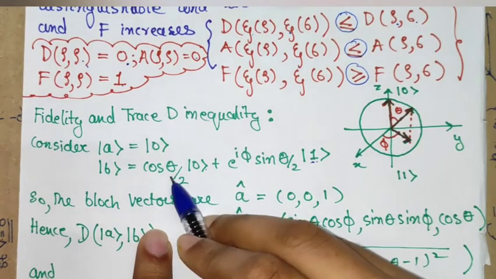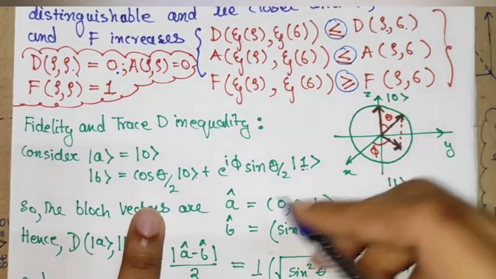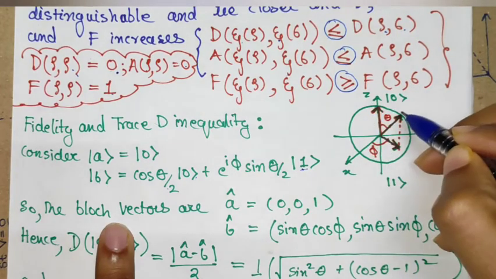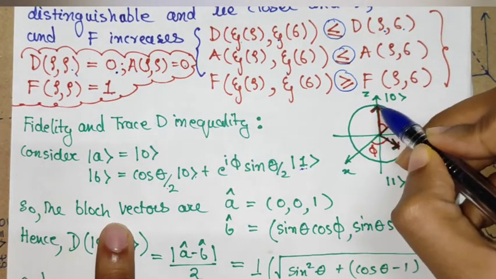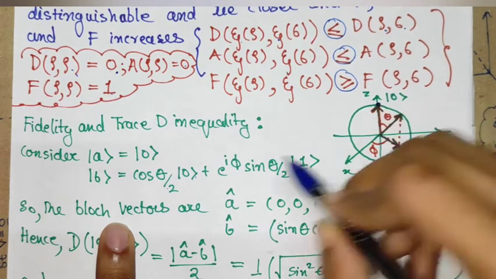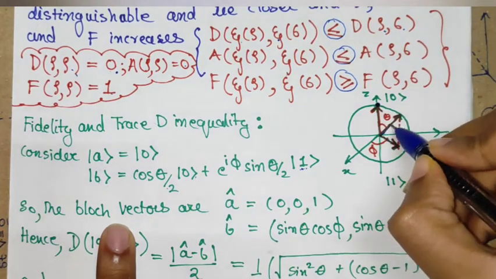If we remember the Bloch sphere representation, these two states are denoted like this. The state 0 lies at the top of the Bloch sphere, and the state B, which is cos theta by 2, is making an angle of theta.